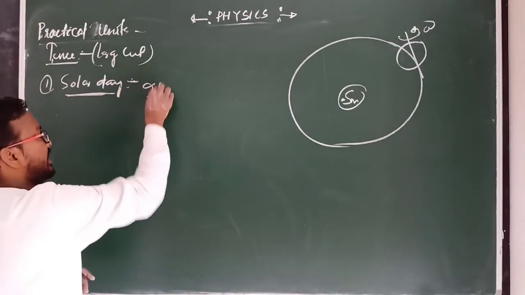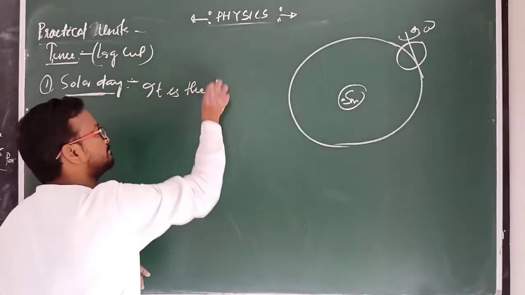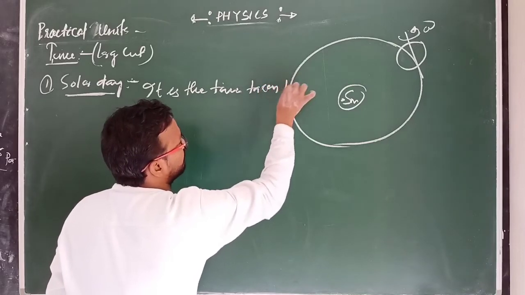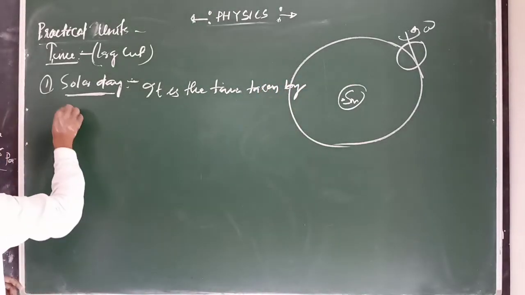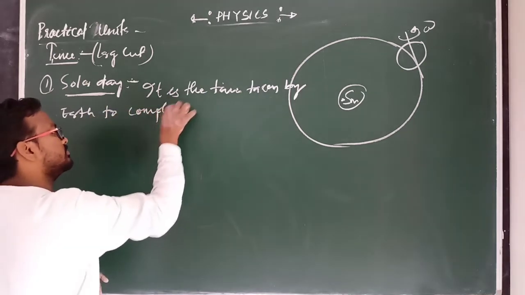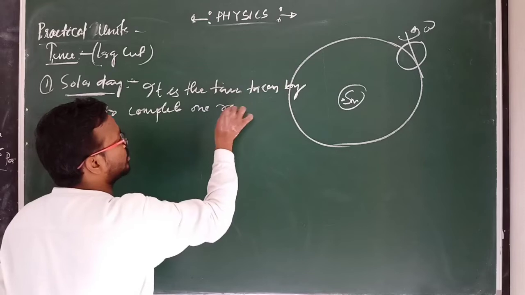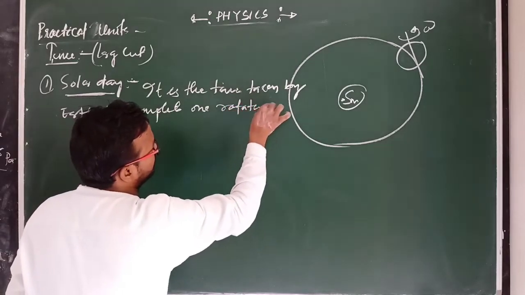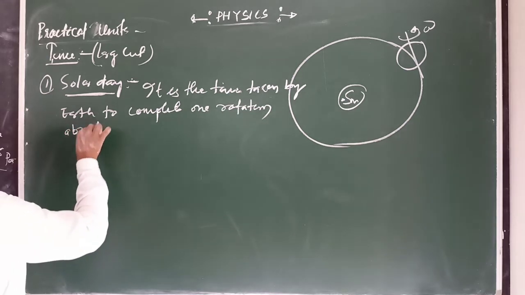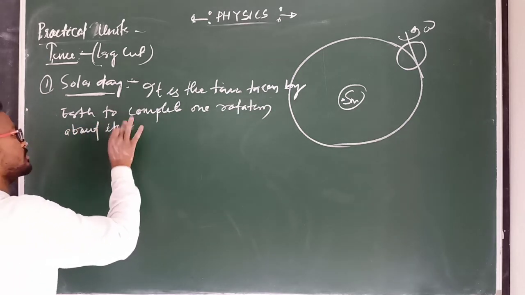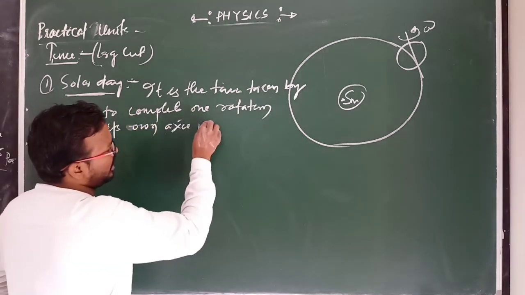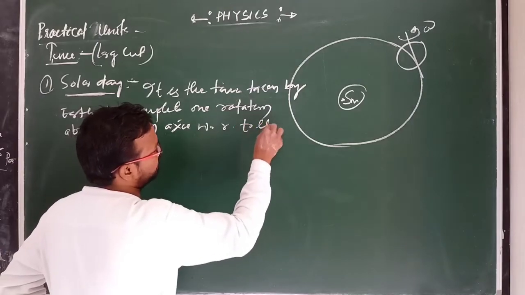Solar day means the time taken by the earth to complete one rotation about its own axis with respect to the sun.